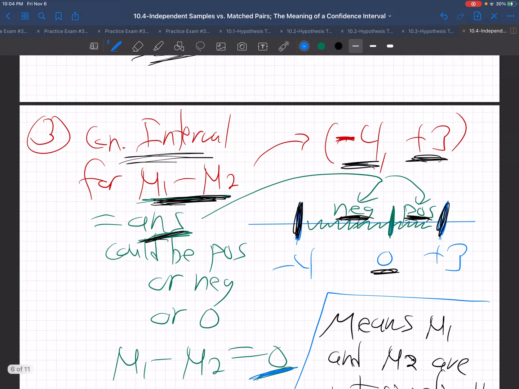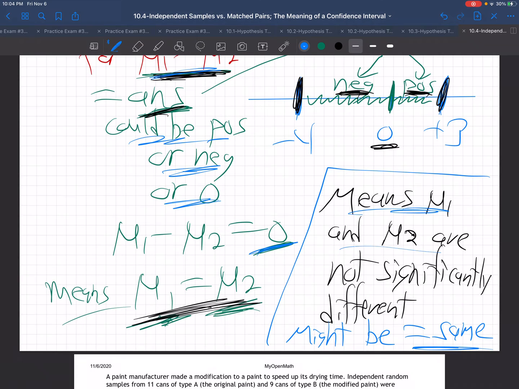And third case, if the confidence interval, the difference between two things, comes out having a negative and a positive, then the answer could be positive or negative or even 0. So that means that the two numbers are not significant. The first number is not necessarily bigger. It's not necessarily smaller. It's just not significantly different.